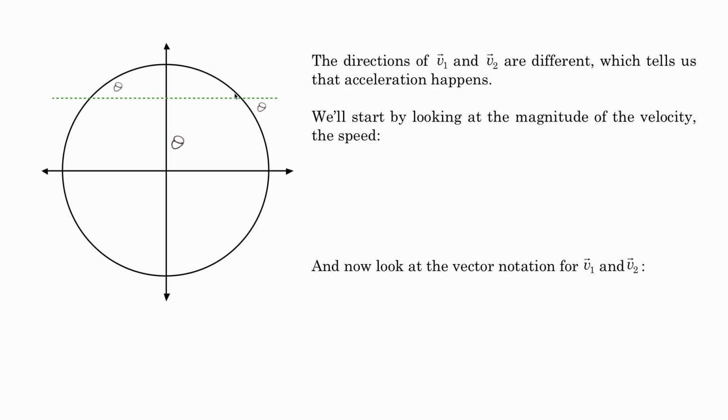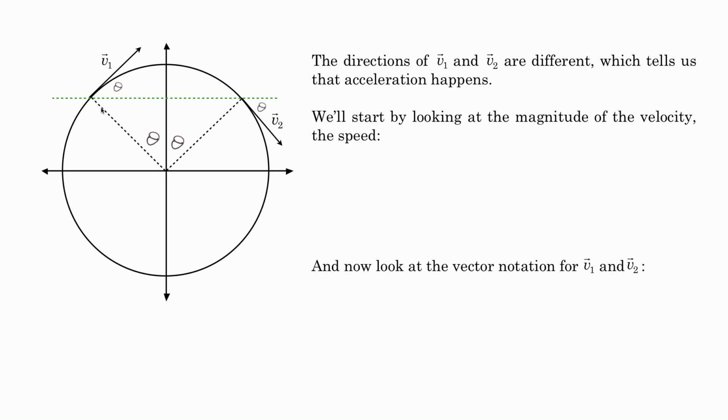Let's first draw a little horizontal line, and we'll draw V1 up here, and we'll draw V2 down here. So here's V1, and basically the object is going to move in position from this spot around to this spot, and that's what we're going to analyze. This is an angle theta between here and here. This is some angle theta between here and here.